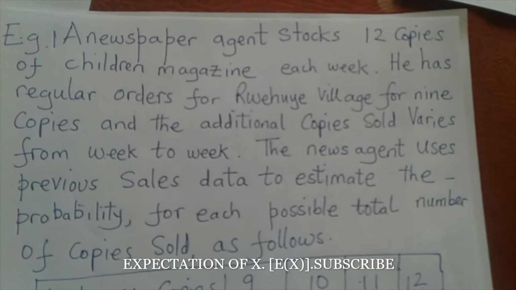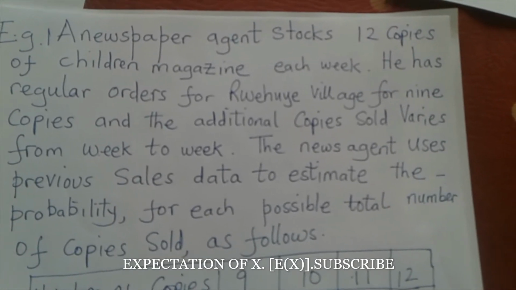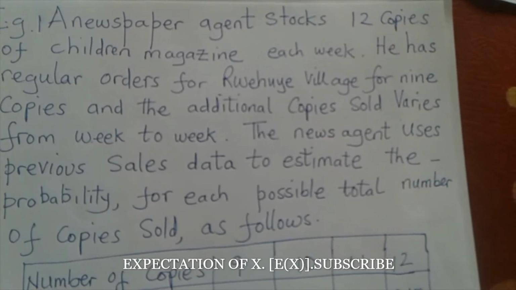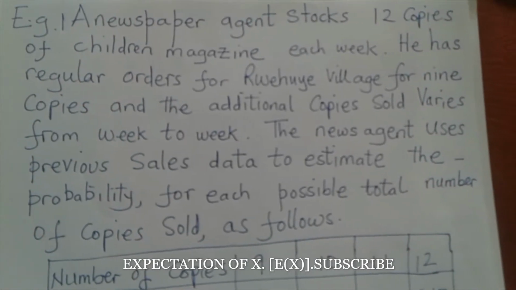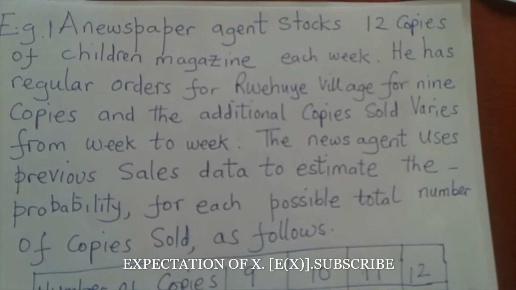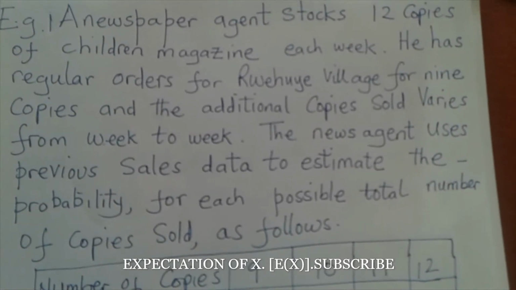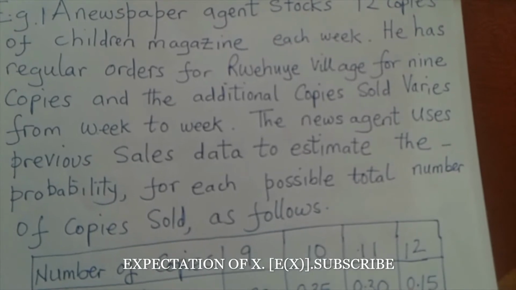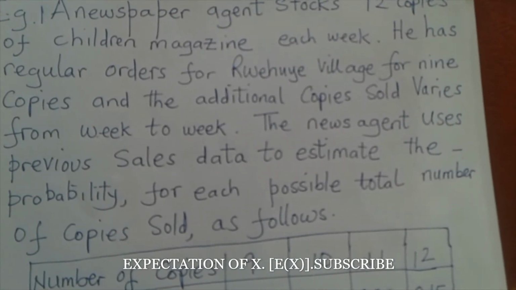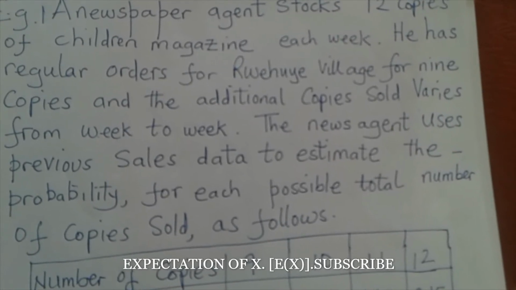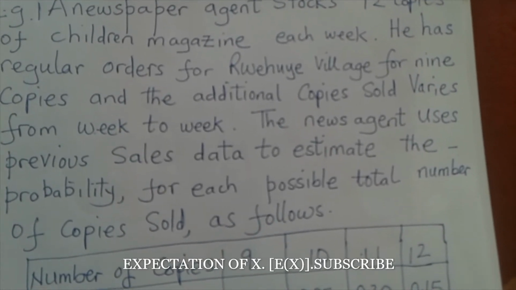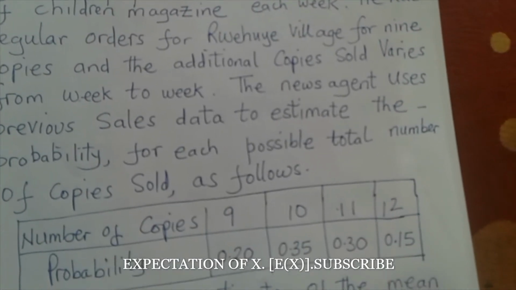He has regular orders for Gohuya village for 9 copies, and the additional copies sold vary from week to week. The news agent uses previous sales data to estimate the probability, or the chance, for each possible total number of copies sold as follows.